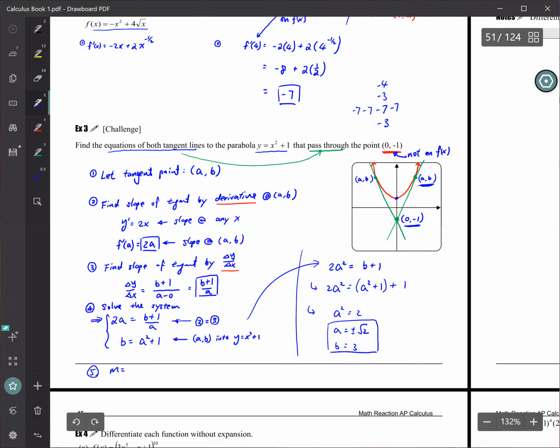To find the slope, how do we do that, Jeffy? Let's do root 2. Oh yeah, root 2 over 4. How'd you get that? My first point is root 2, 3, and my next point is 0, -1.